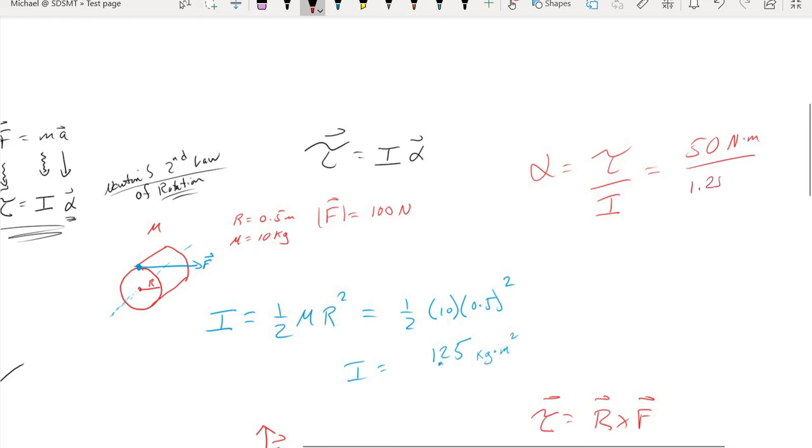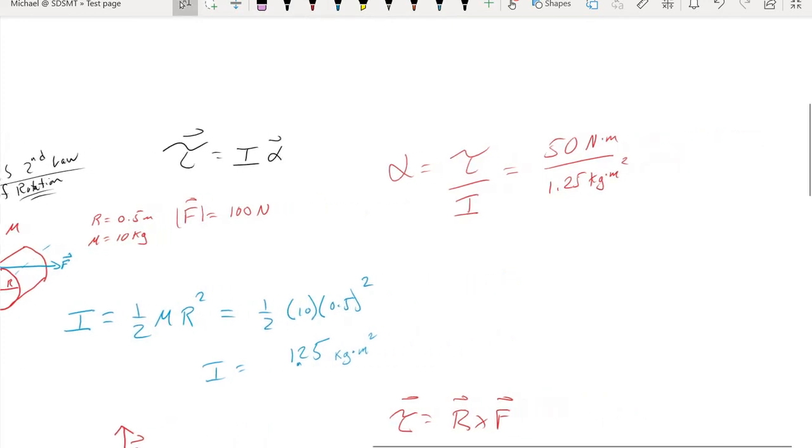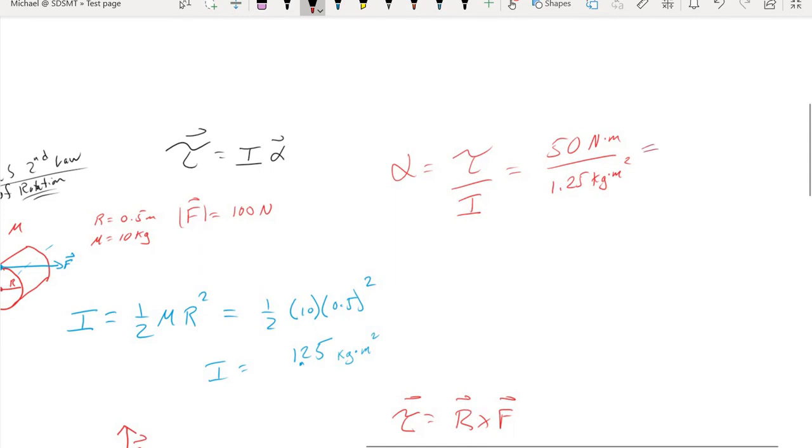We have 1.25 kilogram meters squared for the inertia. And let's see here, we can get rid of a couple of those meter terms. We can also take the newtons as kilogram meters per second squared, and we can cancel out kilograms and kilograms.